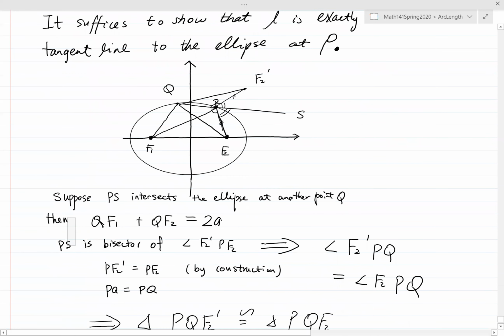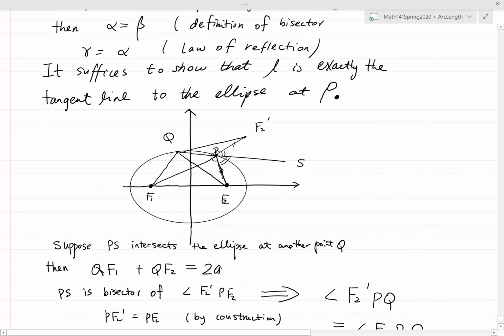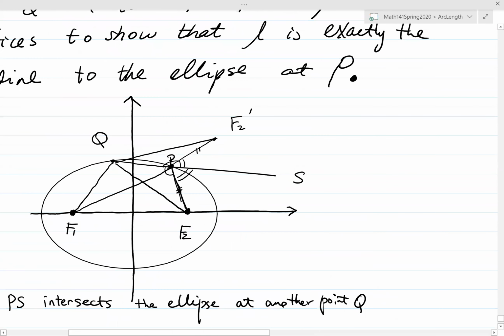This is equal to F1 F2 prime. So what we finally get is this relation: QF1 plus QF2 prime equals F1 F2 prime.